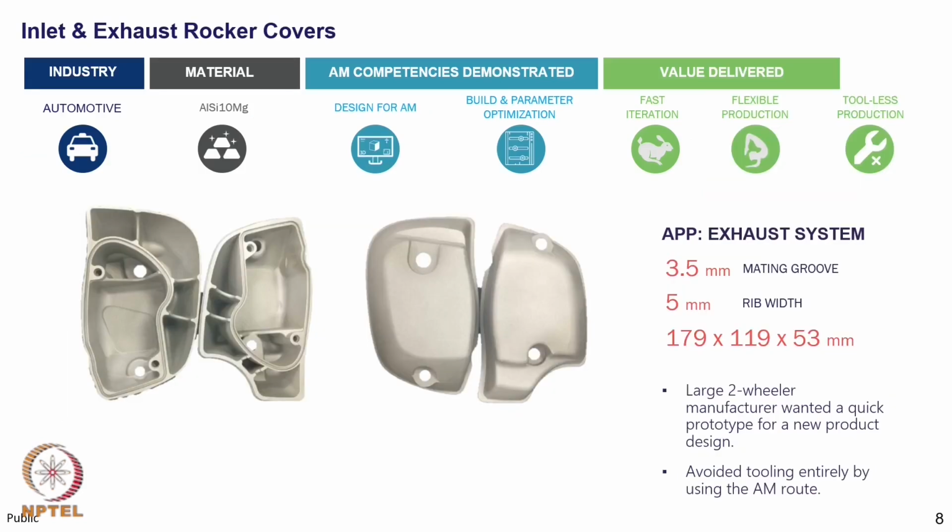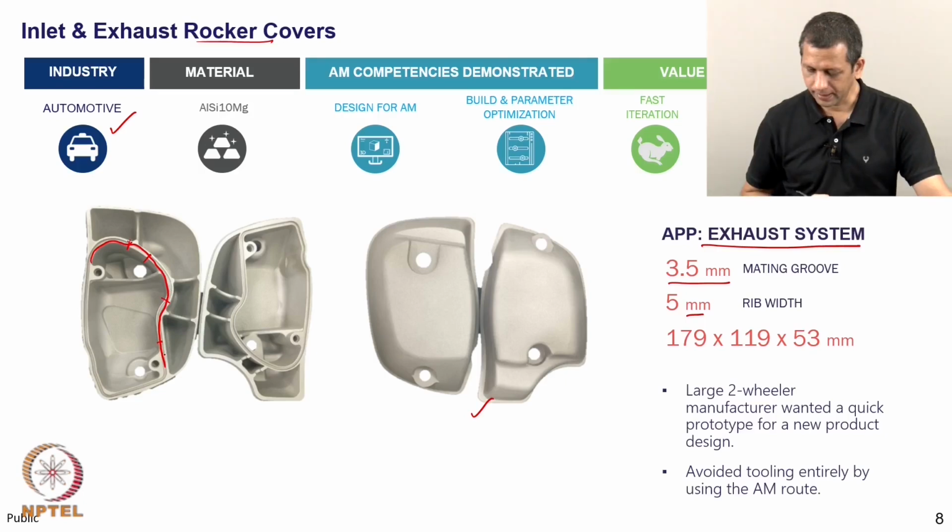Inlet and exhaust rocker covers are another good example of AM application in automotive domain. These parts are also from the exhaust system of automobile. We have about 3.5 mm mating groove, which is this groove here, and there is about 5 mm rib width, which is the width of this particular rib here, right.